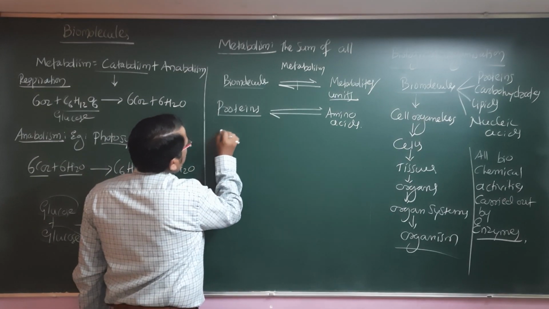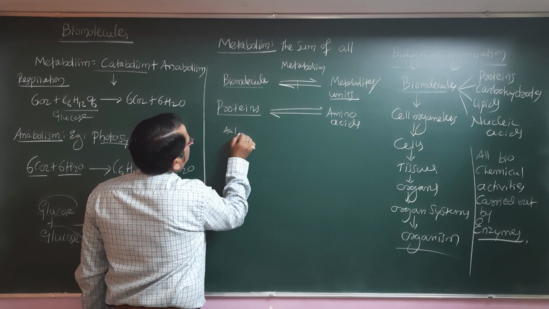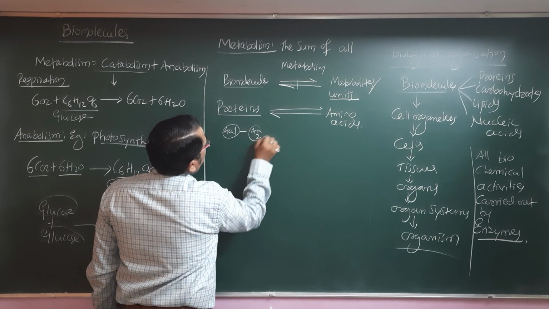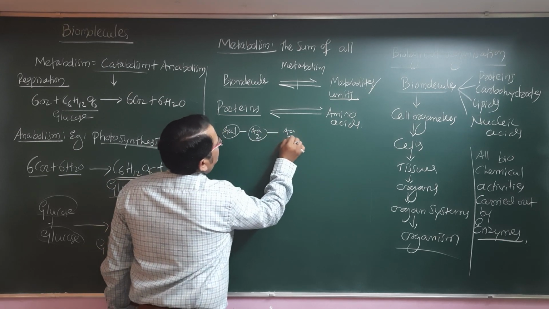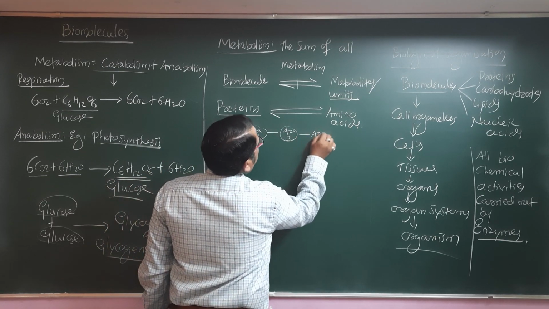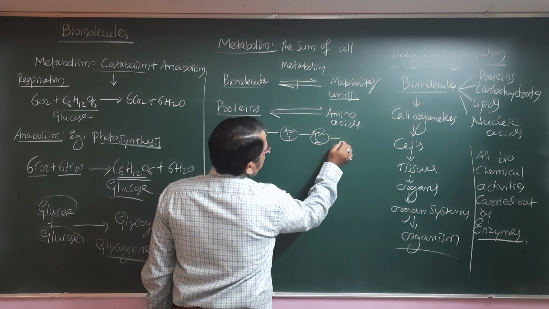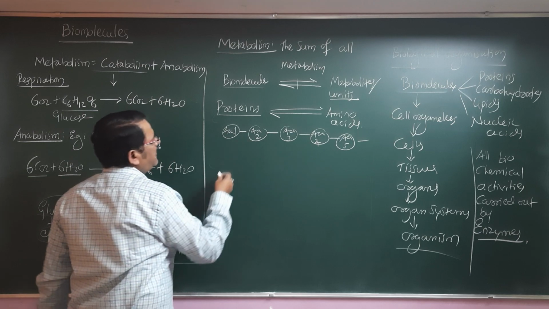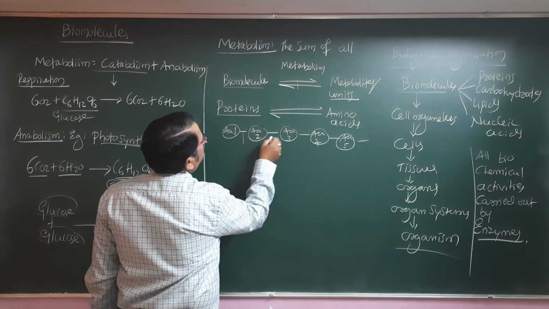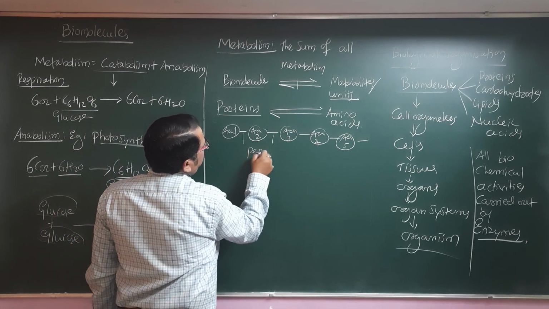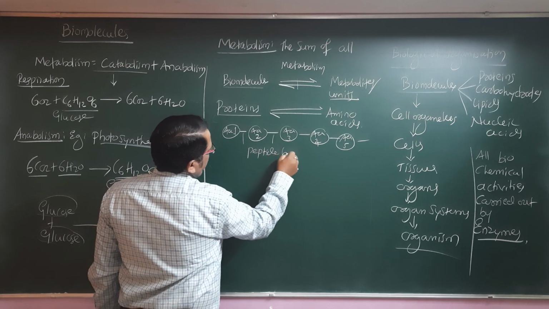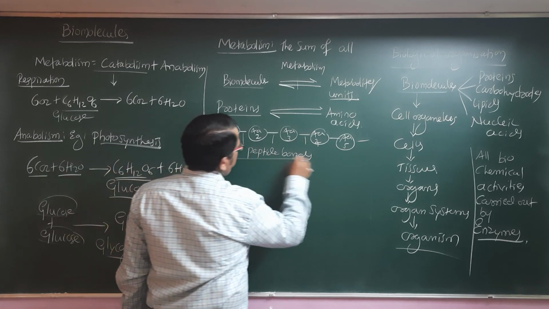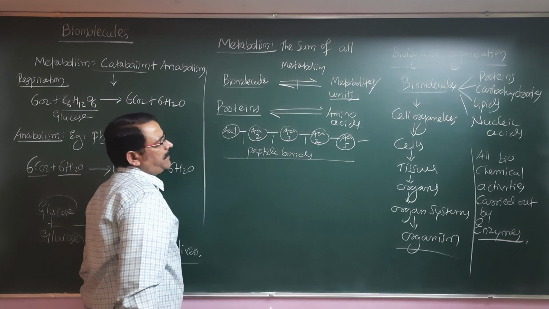So proteins are made up of amino acid 1, amino acid 2, amino acid 3, amino acid 4, amino acid 5. Like this the chain keeps on growing, and we call these the peptide bonds. And this entire chain we call the polypeptide chain.